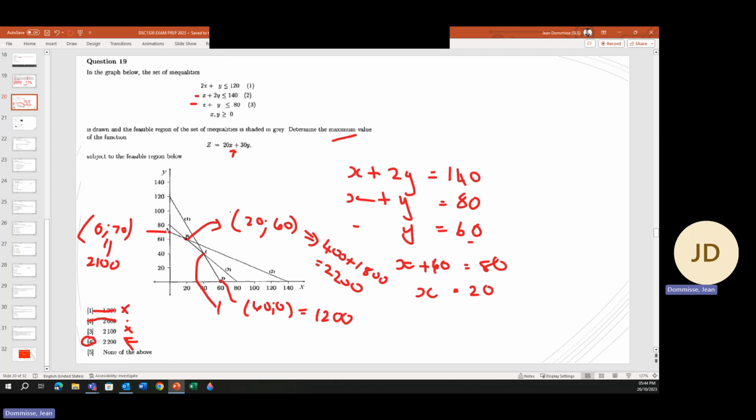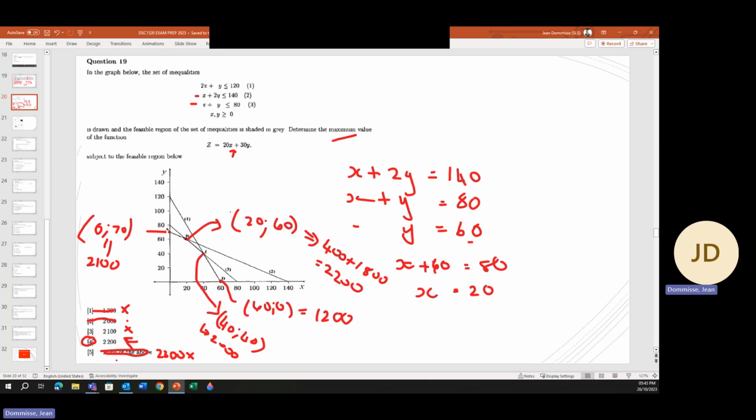So if we work out point C, that will actually be 40 and 40, and that will give you a value of 2,000. So all of these points actually had a value, but it could have been that one of the values is 2,300. Let's say that was the fifth value. So then you need to still work out the points because the 2,300 was not valid.